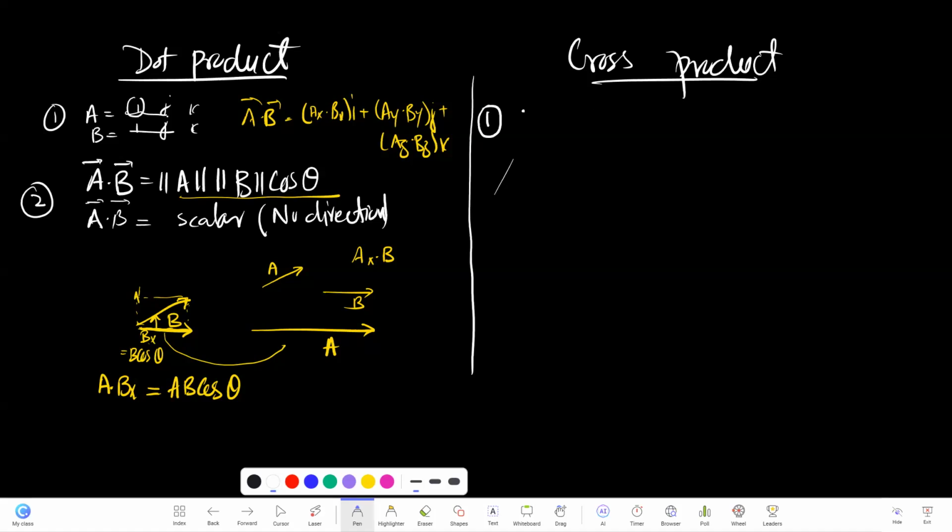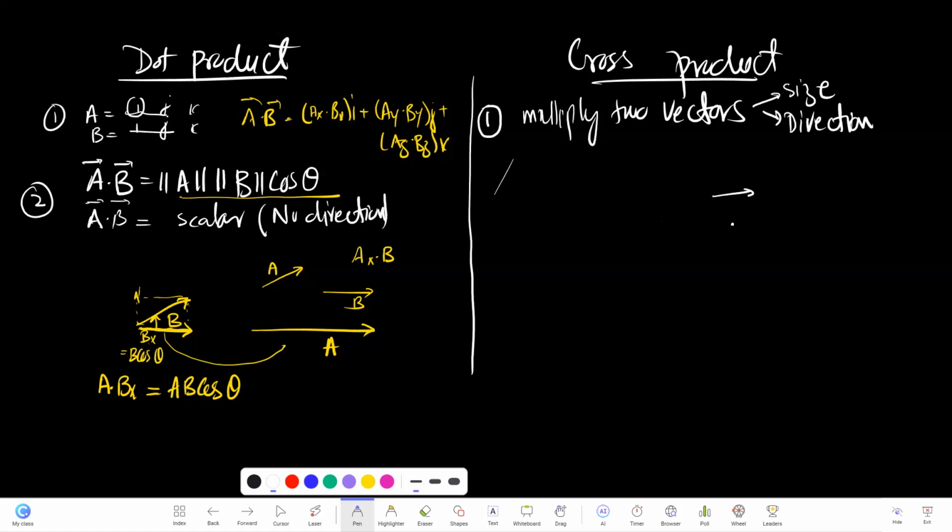In cross product, I want to multiply two vectors. So I have size, magnitude, and I also need direction. The point is that if A is going this way, B is going this way, I want to know how different they are.